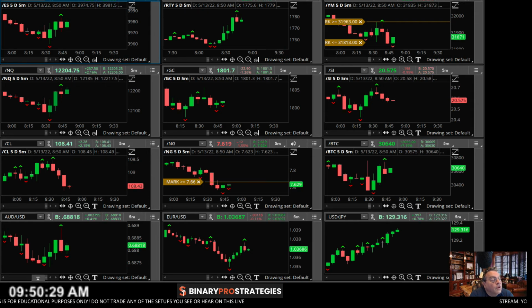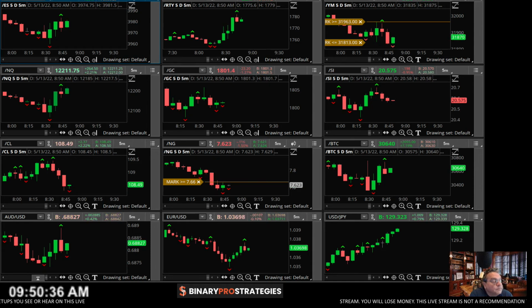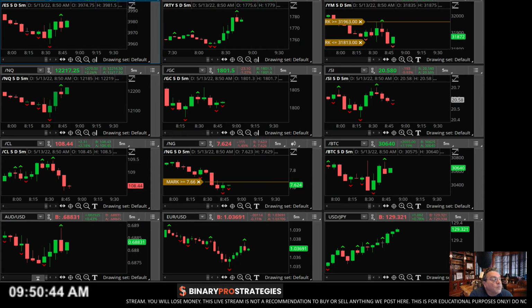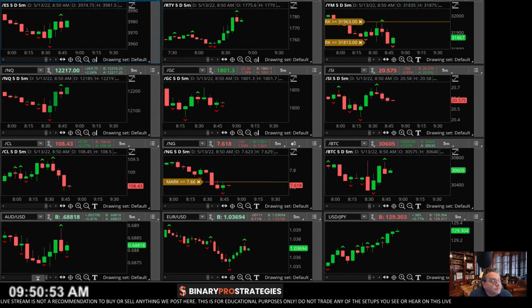This is just a regular pairing pattern buy. Its probabilities are closer to 70% of hitting target first before reversal.